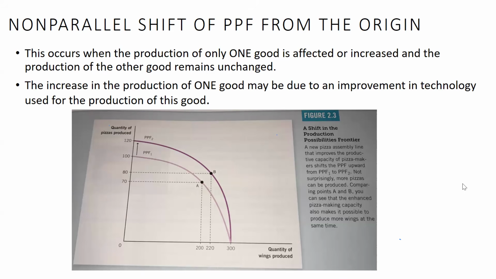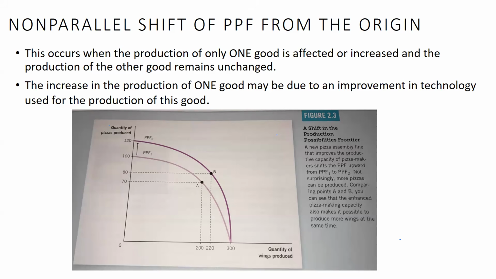So I don't ever see this coming for CSEC, but sometimes the increase or decrease could happen for only one of the goods. So you have pizza and wings here, for example. Your labor improves, but only for pizza. So now you could produce more pizza using the same resources.